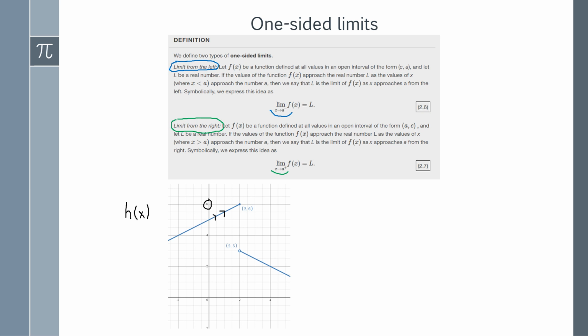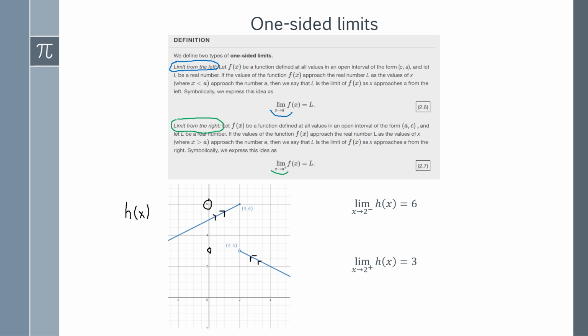And then as x approaches 2 from the right, our function h goes to a different value, 3 over here. So this is a nice example to demonstrate that we have a problem where the two one-sided limits are different. So what is the formal notation for this?